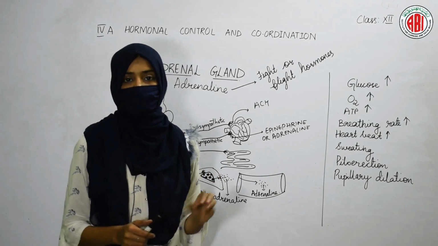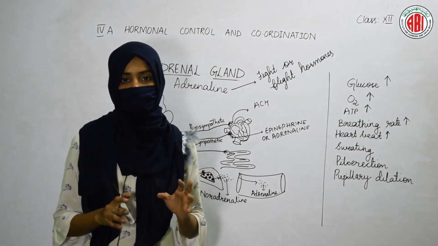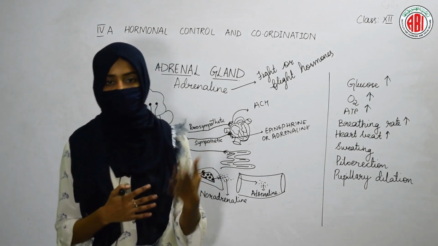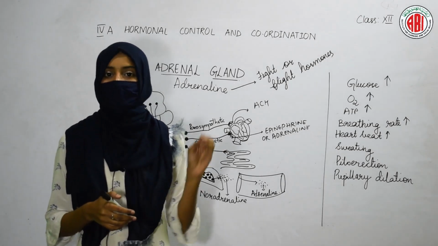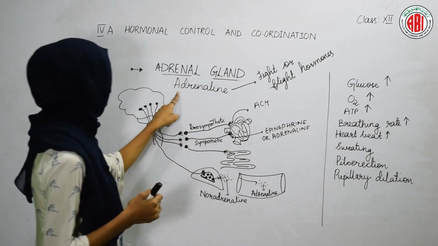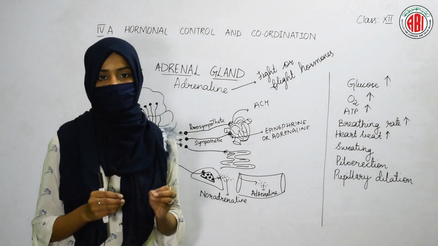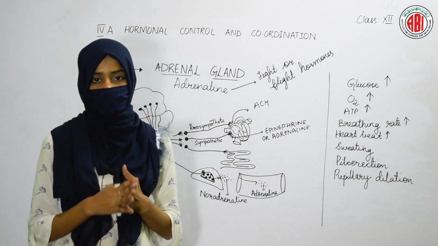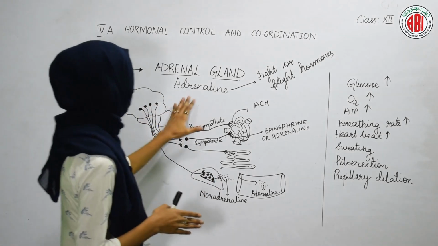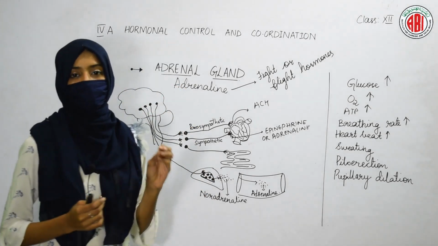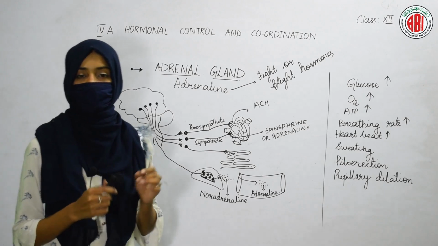For example, if any barking dog is running after you, at that time in your body adrenaline gets released. So in some emergency situations, suddenly a hormone is released by the adrenal gland, and that hormone is our adrenaline. So how is the adrenaline getting secreted?